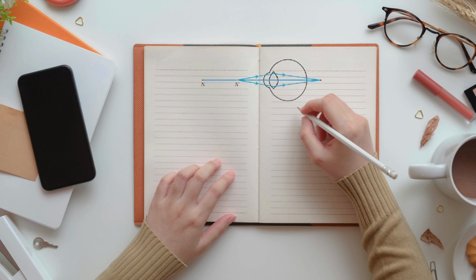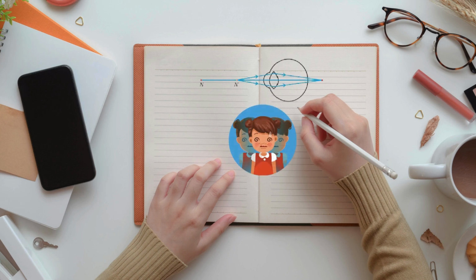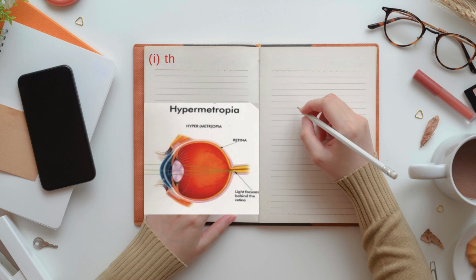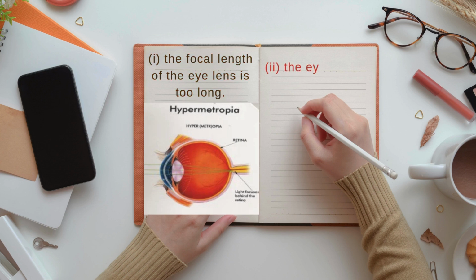This indicates that the image is formed too far back in the eye, resulting in blurred near vision, a key characteristic of hypermetropia. This defect arises either because the focal length of the eye lens is too long or the eyeball has become too short.